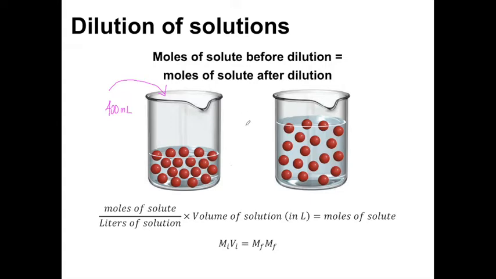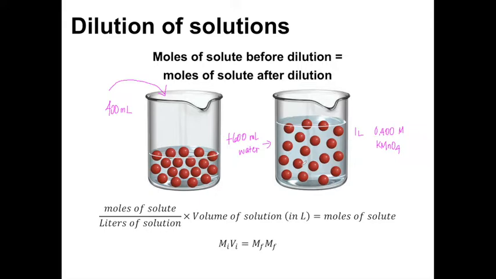Then I added 600 ml of water to get my 1 liter 0.4 molar potassium permanganate. Now, only the volume changed. But the moles of solute before and after dilution didn't change at all.